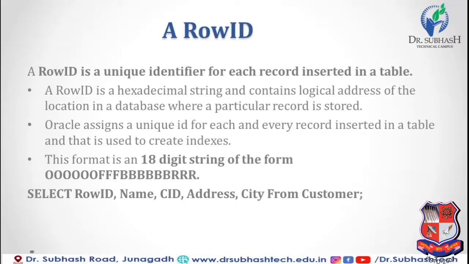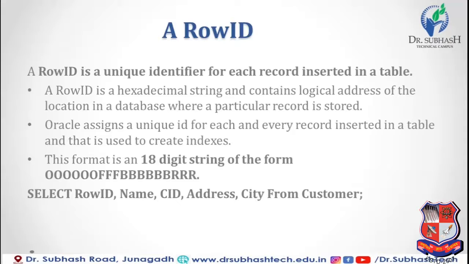The structure of a row ID is a hexadecimal string and it contains a logical address of the location in a database where a particular record is stored. That means a row ID is one kind of memory address where data can be stored.